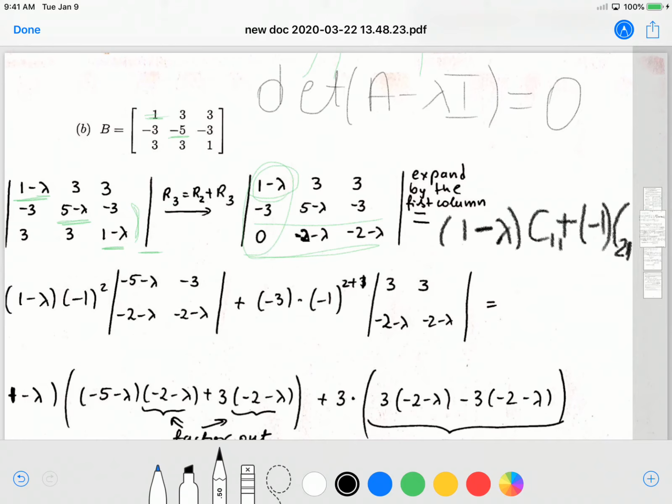So then if we perform and keep expanding, that's what we are getting right here. Minus 1. That's what we're getting right here.